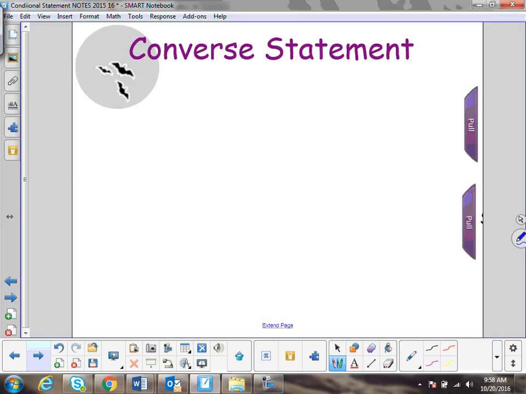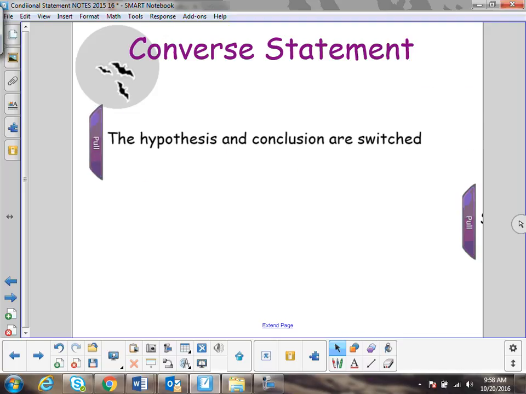Okay, moving on. The next type of statement, so that's the conditional statement, that's the original. Now, all of these are types of conditional statements. This is going to be called a converse, which again, is still an if-then statement, but we're doing the converse of another one. And so here's what you do. You take the hypothesis and the conclusion, and you just switch those two.